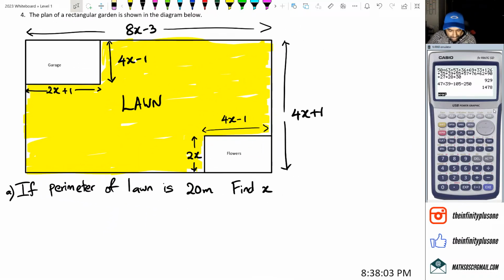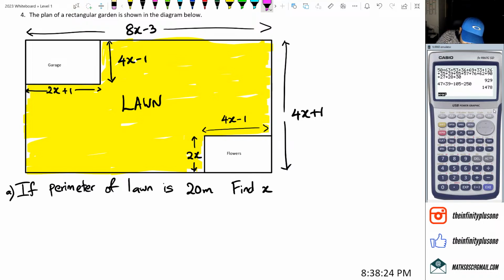Now, with this question, some people look at it and start freaking out because there are just too many sides you need to work out. If you look at the perimeter of the lawn, I'm going to draw it in a different color.